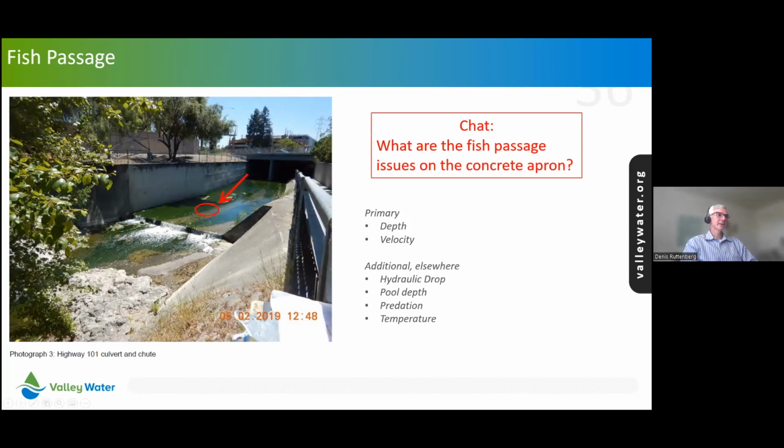And then sure, temperature. Great egrets will go out there and have a field day and eat all the fish. They jump up on the apron. It's like a buffet. We're having a virtual buffet here. The fish will have their own buffet. And the pool depths may be too shallow here.